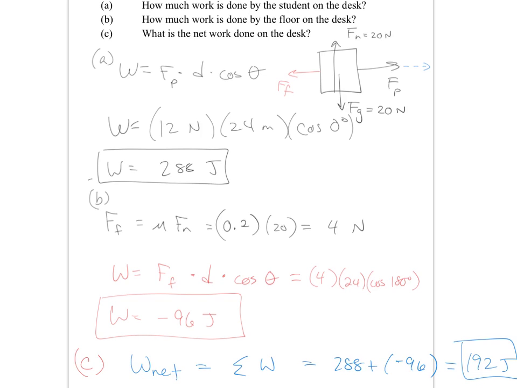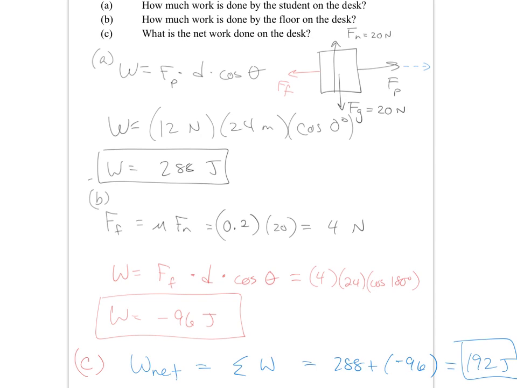How much was this way? 12 minus 4, which is 8. 8 is the net force, and it's acting this way, because 12 this way and 4 this way is like 8 this way. So if I take 8 this way times 24, I'll get the same number.